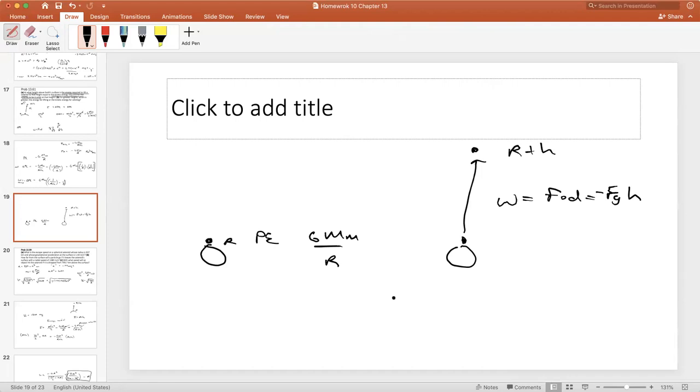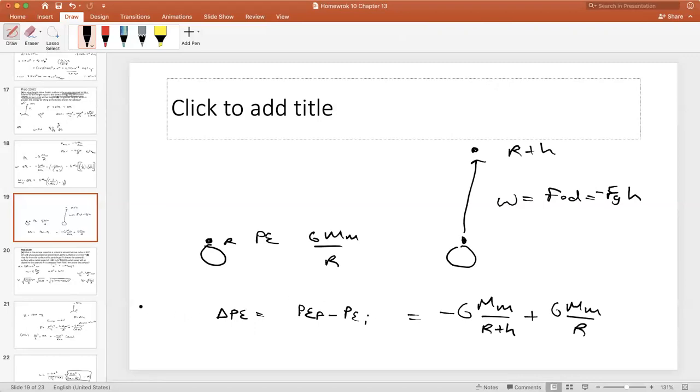So what we say is that the change in potential energy, which is the potential energy final minus the potential energy initial, is Gmm with a minus sign over R plus H minus a minus, which is plus Gmm over R. But this, the work we do, has to be the negative of this, okay?